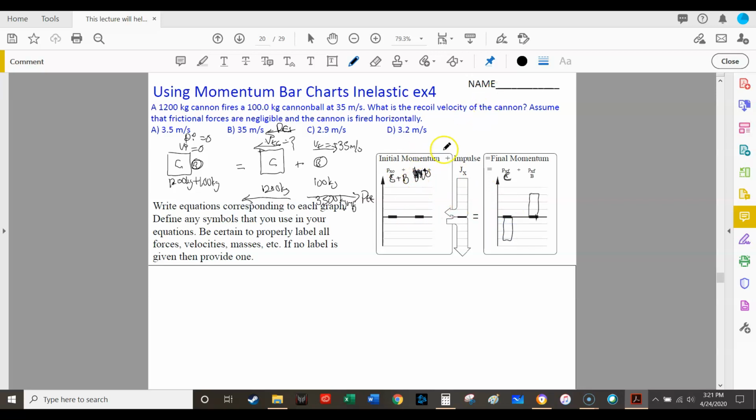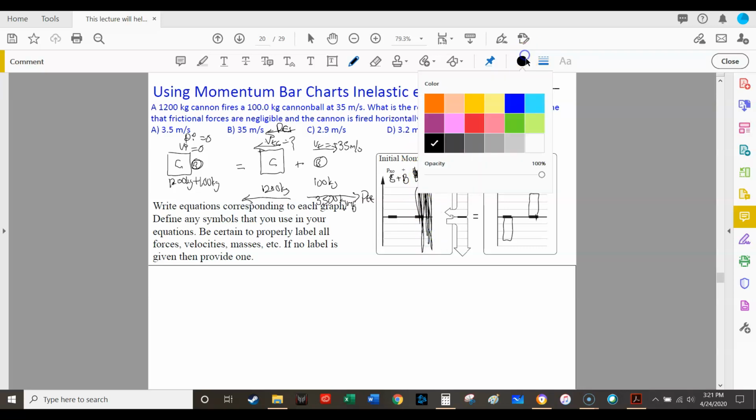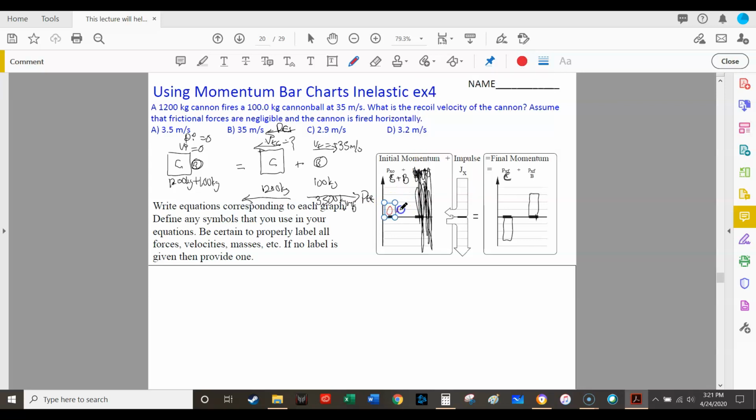And that's because this system doesn't exist, so we're ignoring that. Remember, the initial momentum here is 0 kilogram meters per second, right? So that total initial momentum is 0 kilogram meters per second, right? Well, the total final momentum has to be the same thing, right?